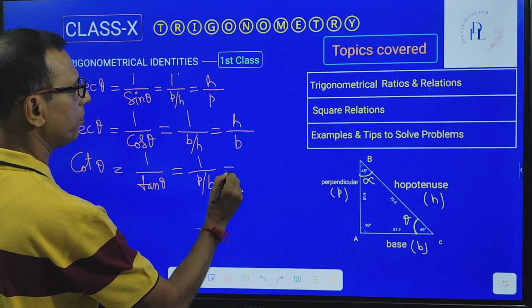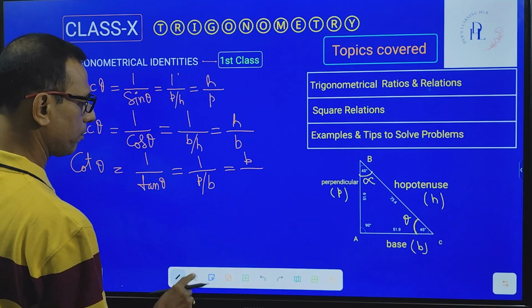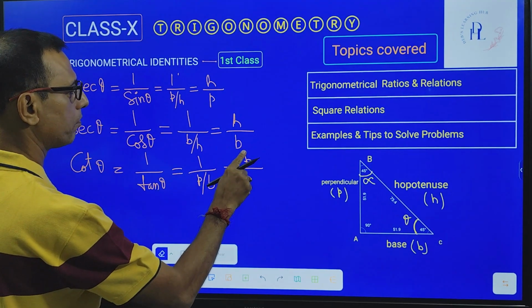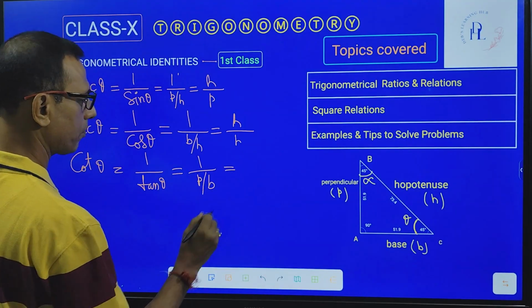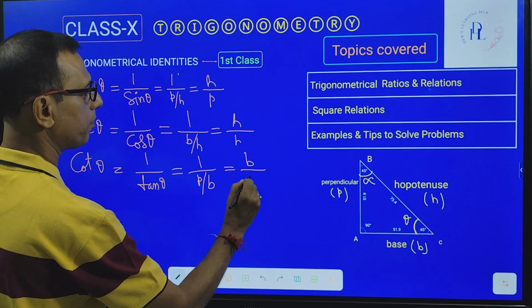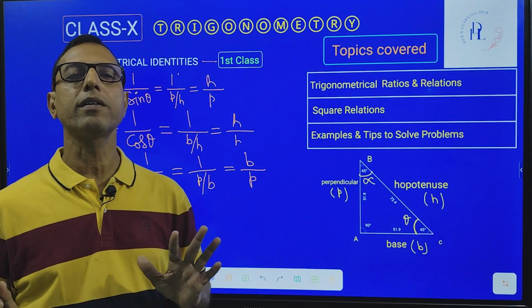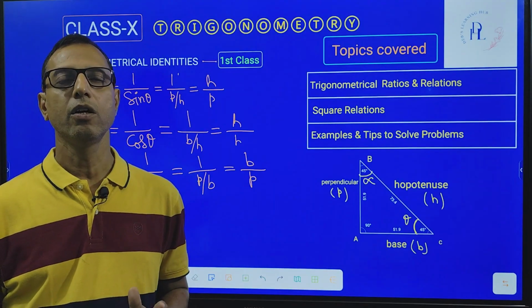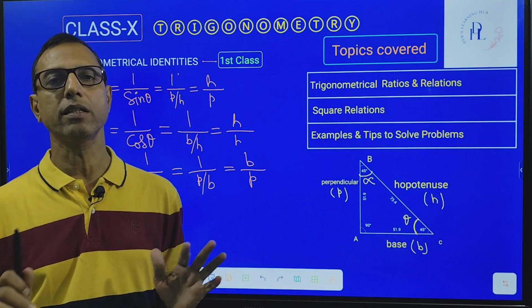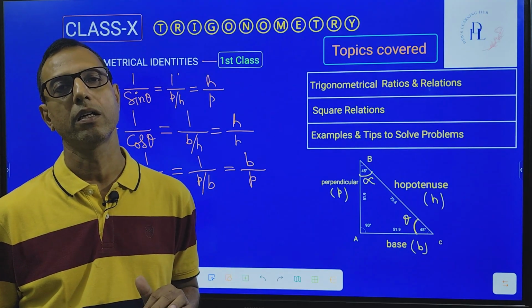That means cot theta will be base by perpendicular. So that is all the trigonometrical ratios: sin theta, cos theta, tan theta, cosec theta equals 1 by sin theta, sec theta equals 1 by cos theta, cot theta equals 1 by tan theta.